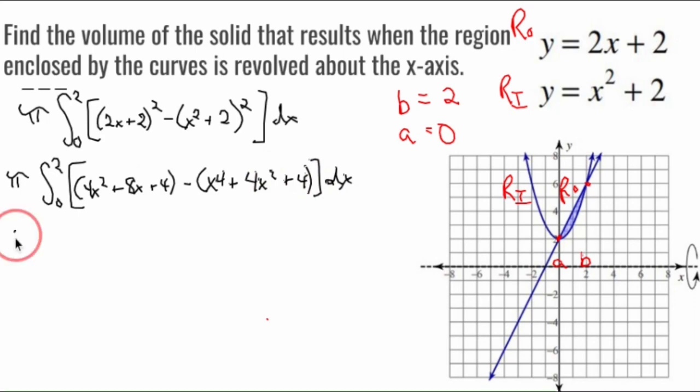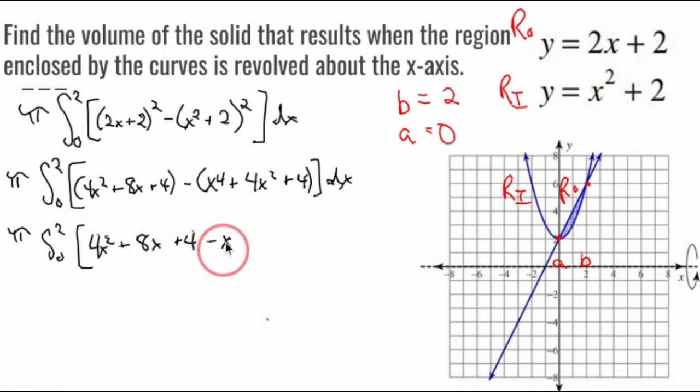Let's combine like terms. Still not even close to being done yet. Distributing the negative, I can drop these parentheses: 4x squared plus 8x plus 4 minus x to the 4th minus 4x squared, which is good news, and you'll see why.